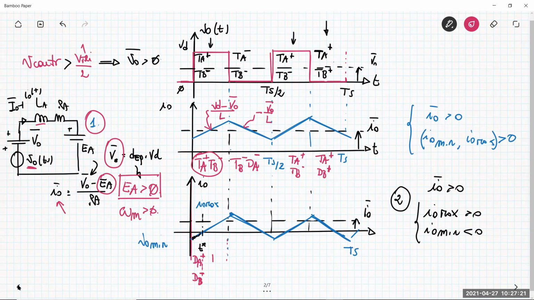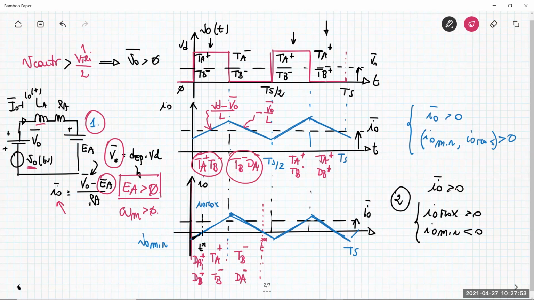Okay, so here you have TA plus and TB minus. What happens from TS divided by 4 to T double star? The current is positive, TA minus and TB minus are on, so the situation is exactly the same that you can have here. So it is TB minus, DA minus.